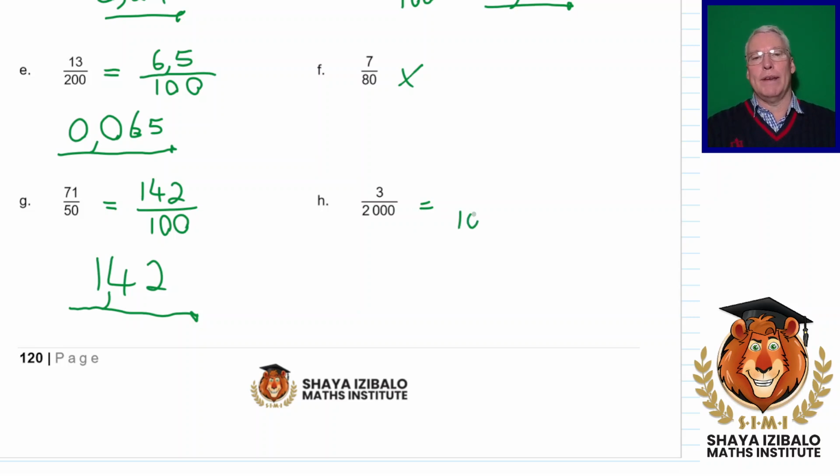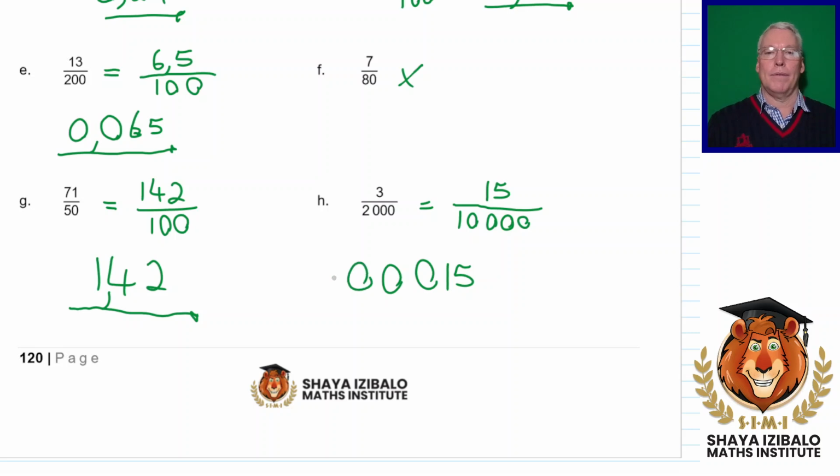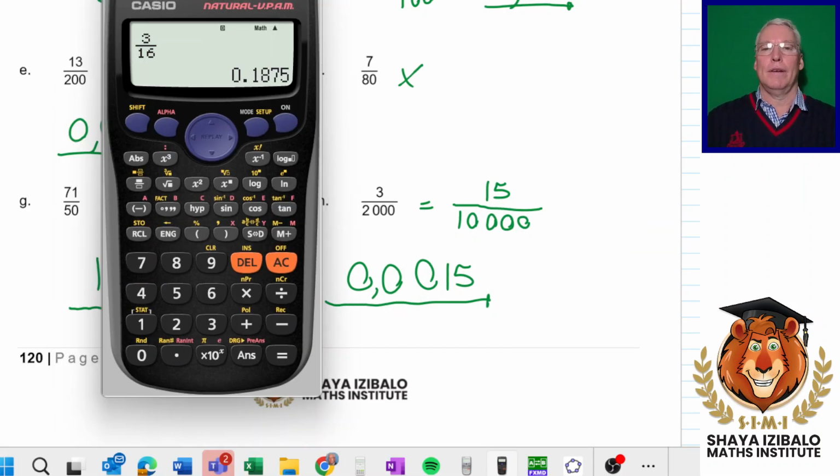by 5, we would get 10,000, and if we multiply the top by 5, we'd get 15. So now we've got 15, and we want to divide it by 10 4 times. Okay, so 1, 2, 3, 4. 0,0015. Well, we can just show you that that is in fact the case.